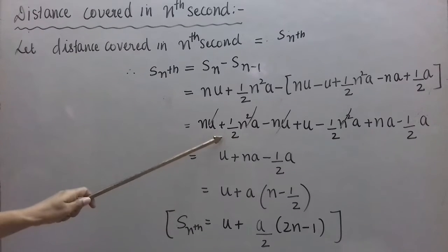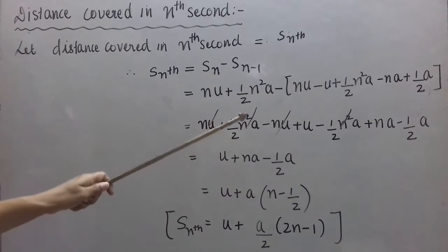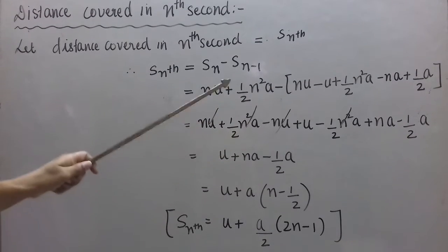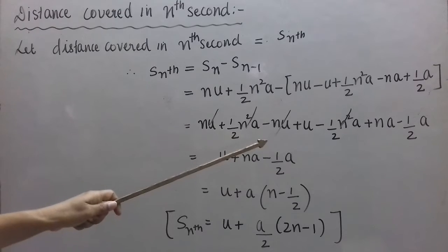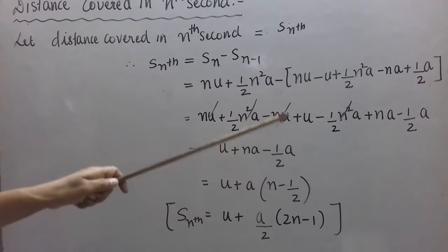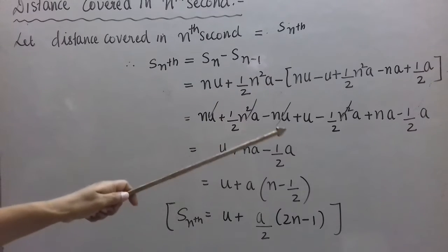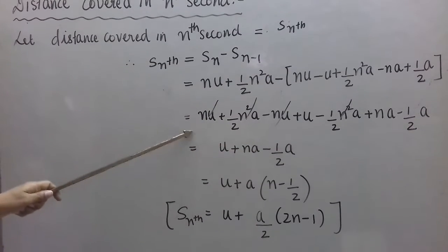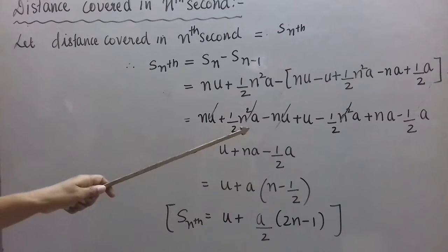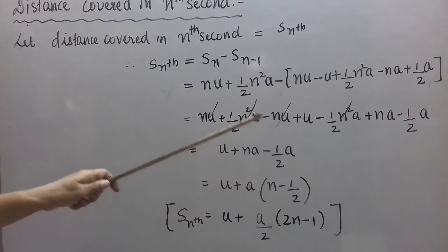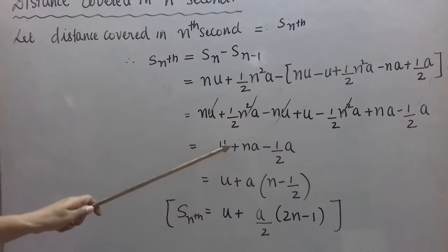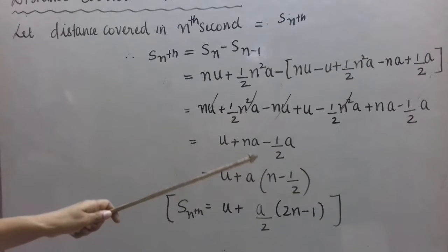Nu plus half n square a, open the bracket, minus nu, minus minus becomes plus u, minus plus becomes minus half n square a, minus minus becomes plus na, and lastly minus plus becomes minus half a. In this case, now 4 terms get cancelled. Nu gets cancelled with minus nu, half n square a with minus half n square a. So we are left with u plus na minus half a.